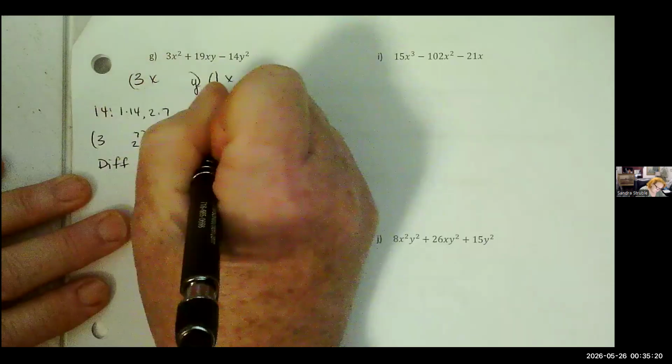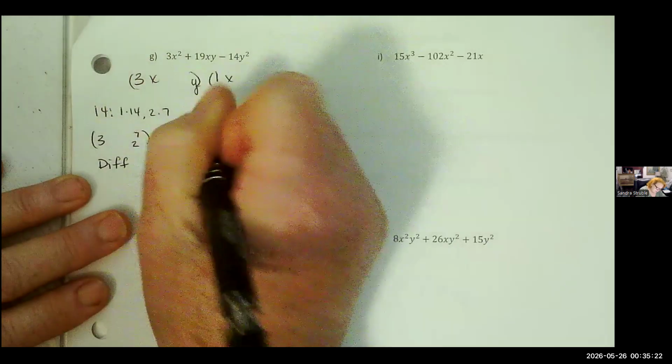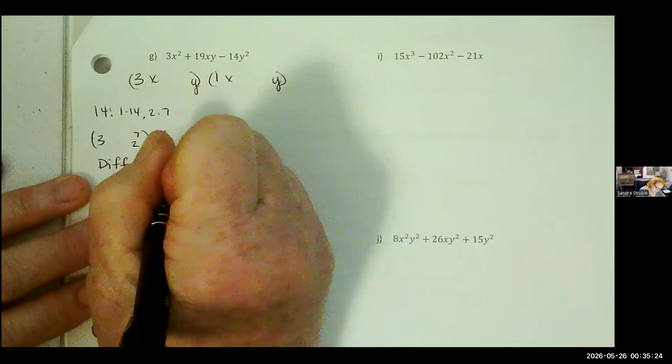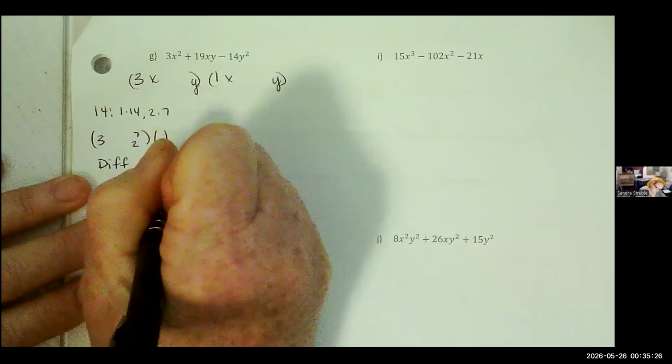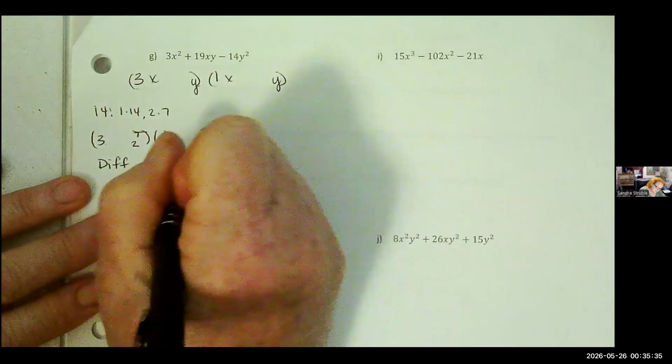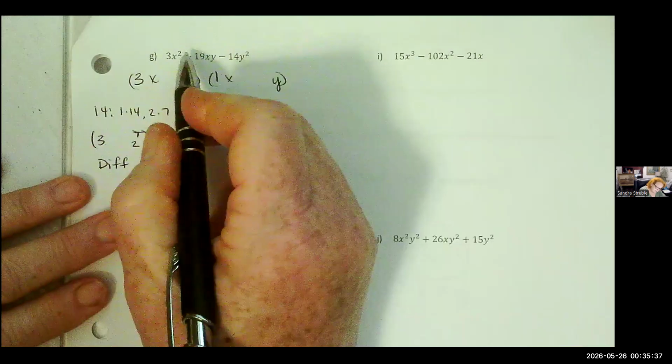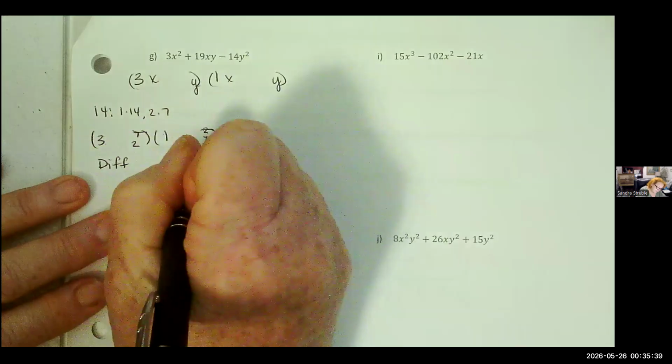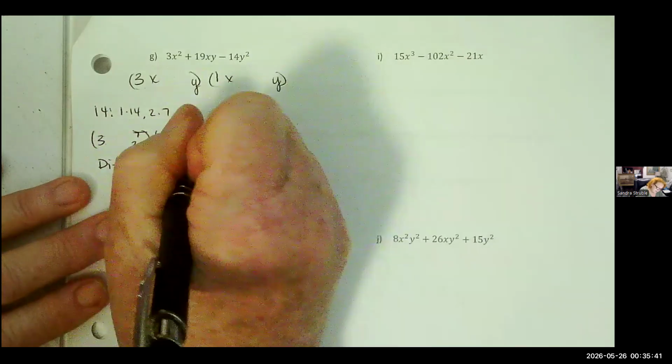So 7 times 1 is 7. 2 times 3 is 6. That does not give us 19. So that doesn't work. 2 times 1 is 2. 7 times 3 is 21. That gives us 19. We need the 19 to be positive, so 21 has to be positive. So positive and negative. So plus 7 minus 2.